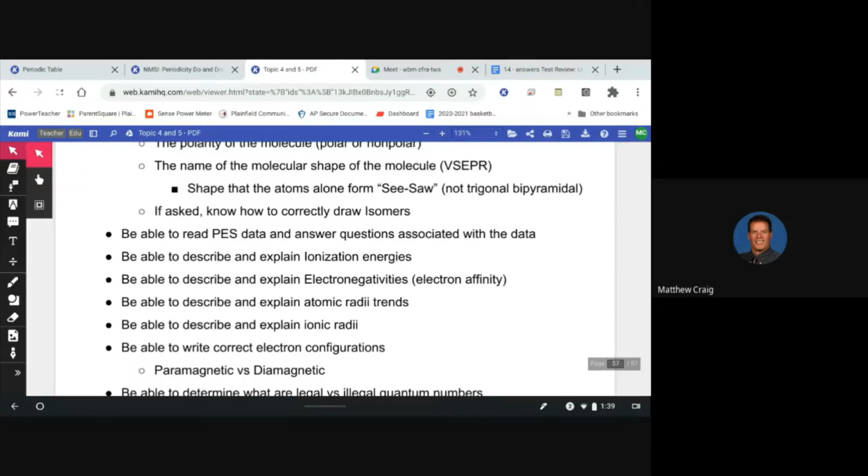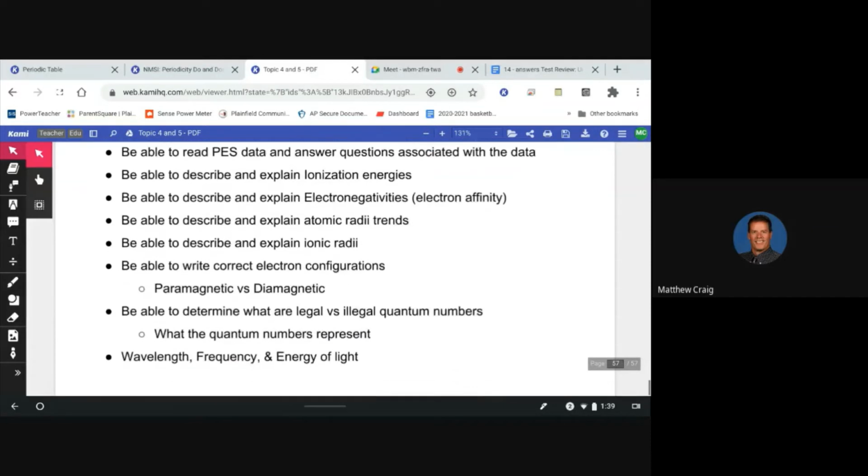electronegativities, atomic radii trends, ionic radii, and make sure that you can draw correct electron configurations, understand the difference between paramagnetic and diamagnetic, be able to determine the legal versus illegal quantum numbers. We did that yesterday. And what each quantum number represents. Pretty important.